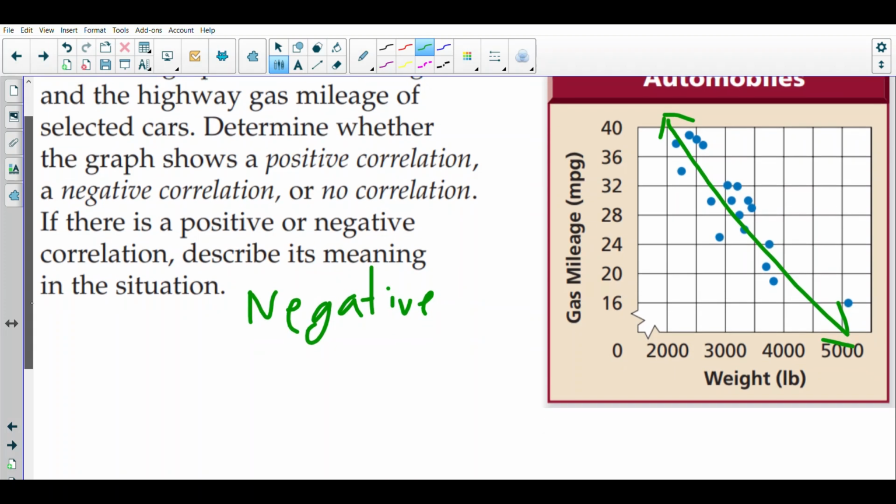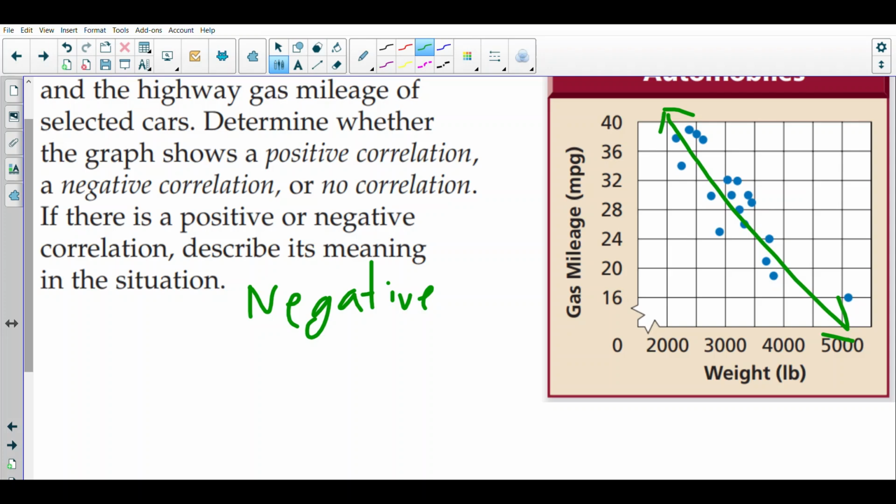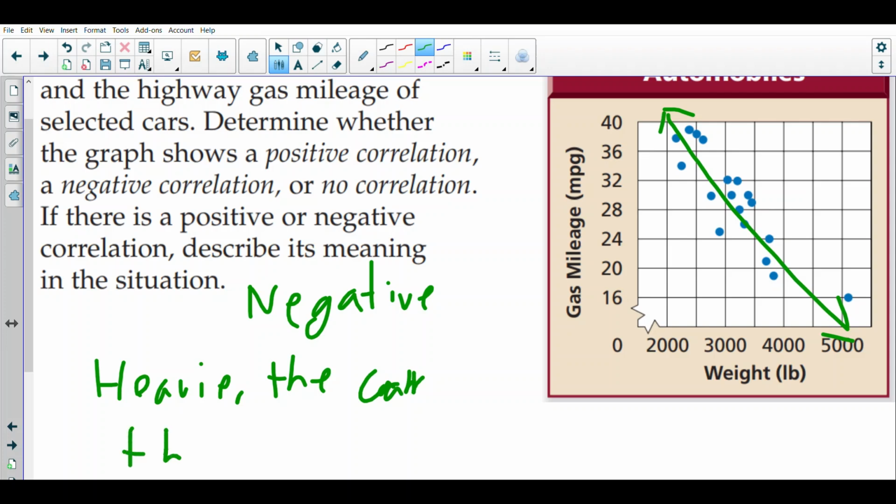It says the heavier the car, the less gas mileage. And we see this all the time. We see bigger SUVs having lower gas mileage than a compact car because they weigh more.